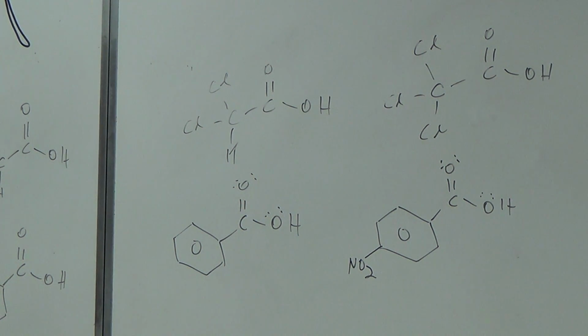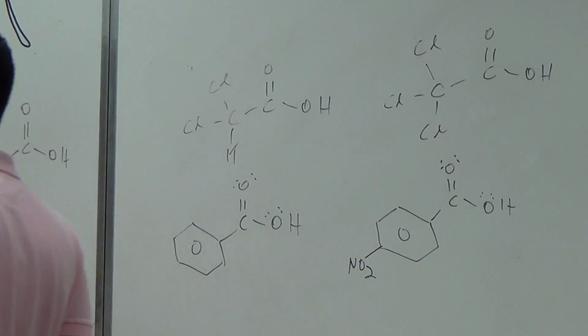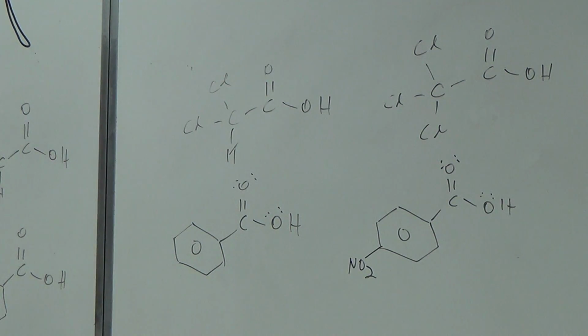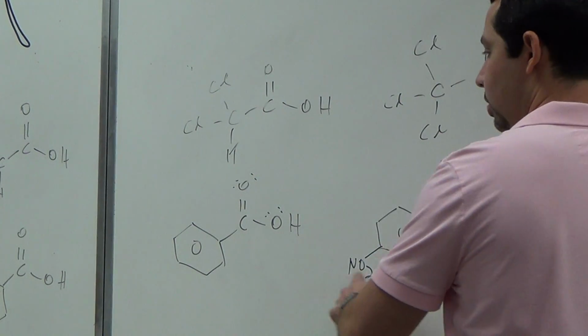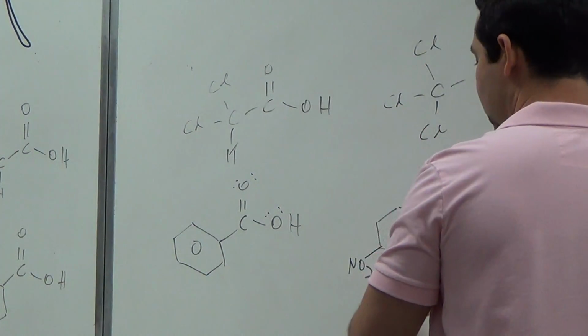Electron withdrawing groups in the para position make the benzoic acid more acidic, make the acid stronger. So, which one is more acidic, this or this one? The one to the right. This one is more acidic.